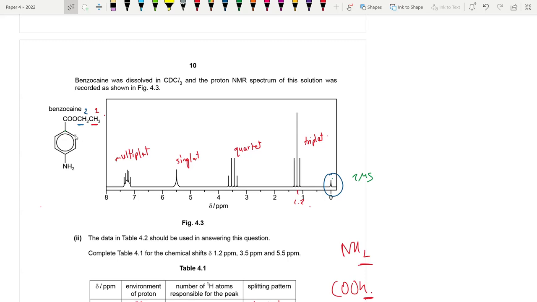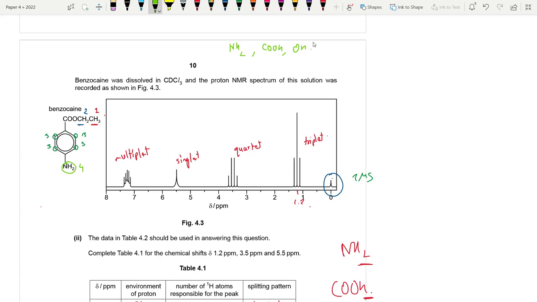If you're part of a benzene ring, you will be part of the same environment. All 4 of these are environment 3, and this one, the one attached to NH2, is environment 4.